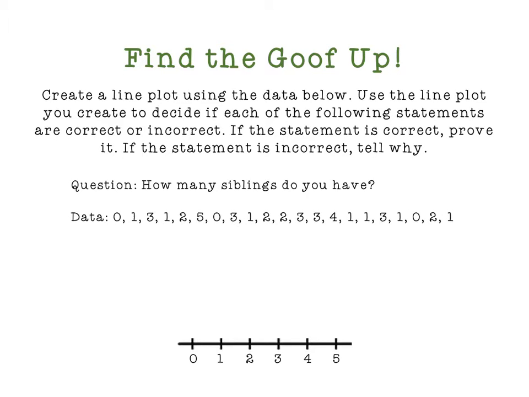The first thing we need to do is create our line plot, also called a dot plot, and you may use dots or X's, whichever you are more comfortable with. I'm going to move through the data points, crossing off the numbers on the list as I go.